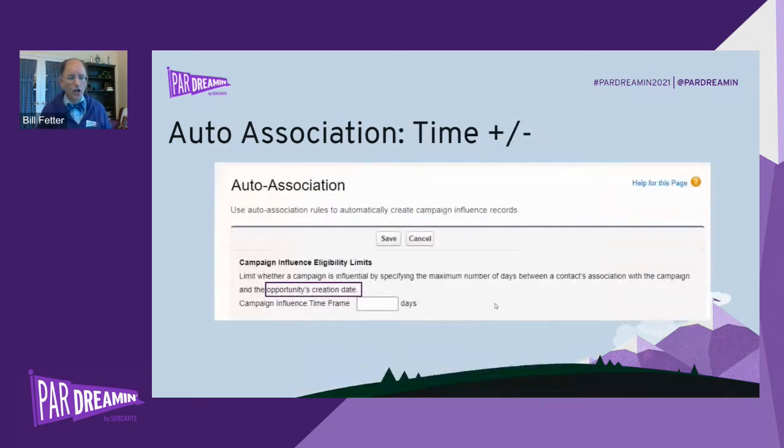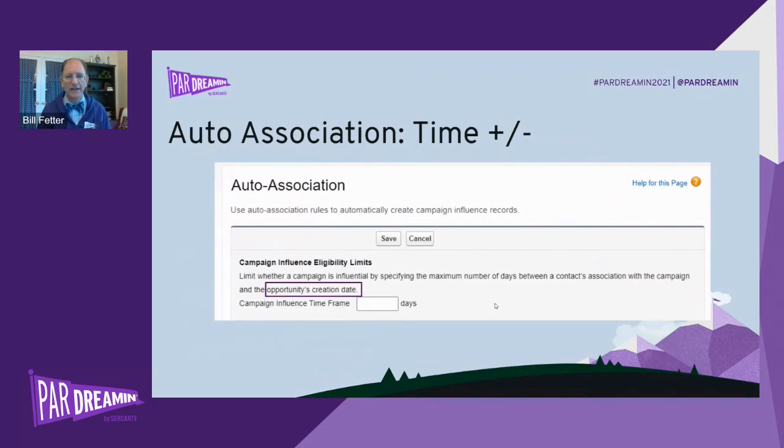All right, auto association. Here's the first element of this, and it's the time of the association. So here's the critical bits: the time of the first association with the campaign and the opportunity creation date.